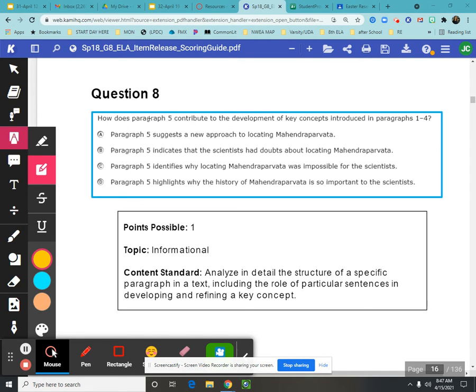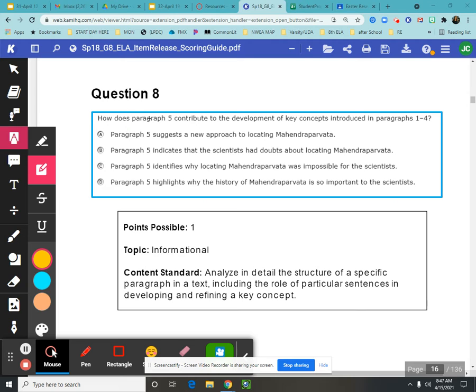So what we're doing in this kind of question, it's basically saying there are some things that are mentioned in 1 through 4. How does paragraph 5 move on with that same concept? So what key concepts, things that are mentioned in paragraph 5 that develop things that are talked about in paragraphs 1 through 4?